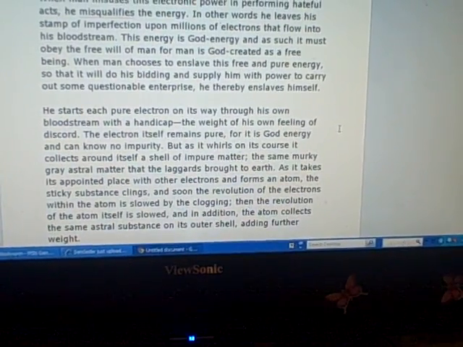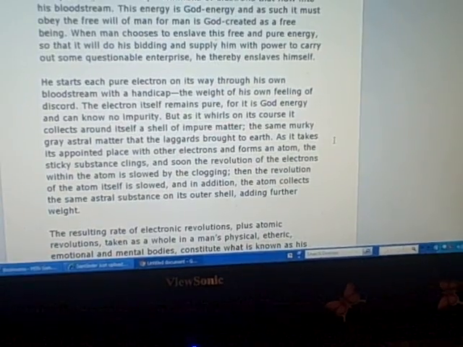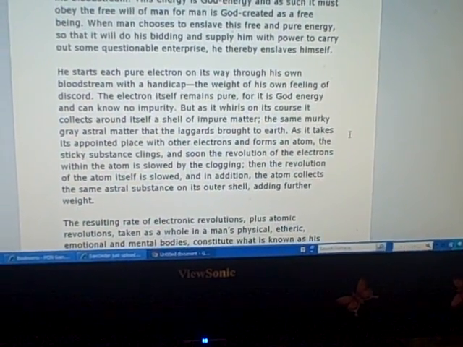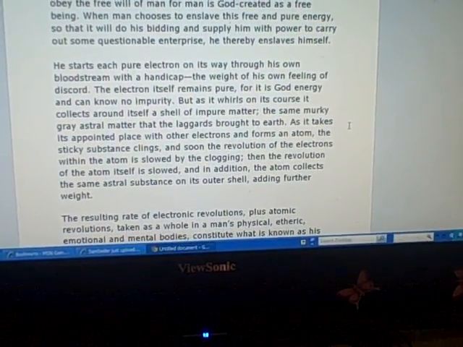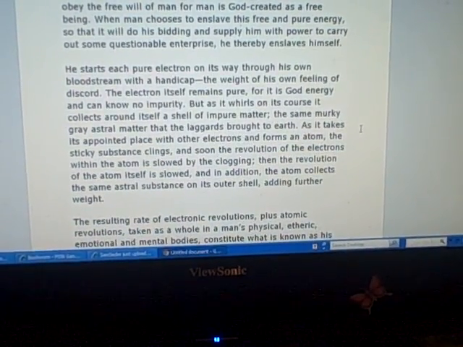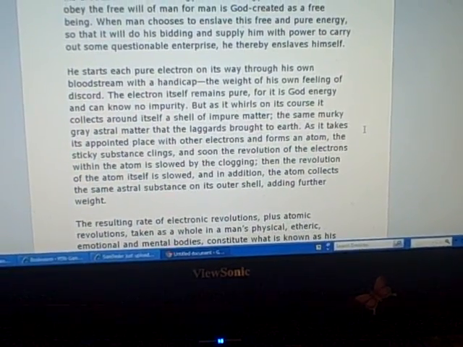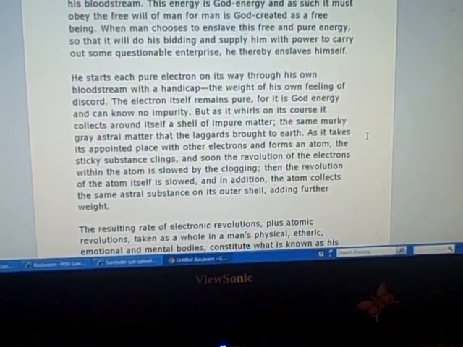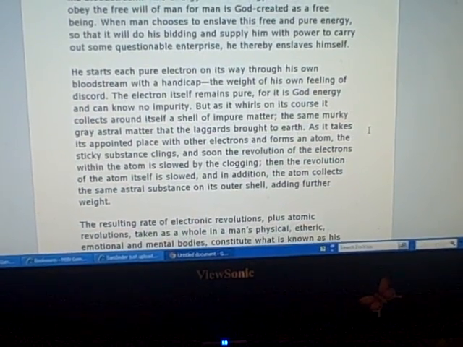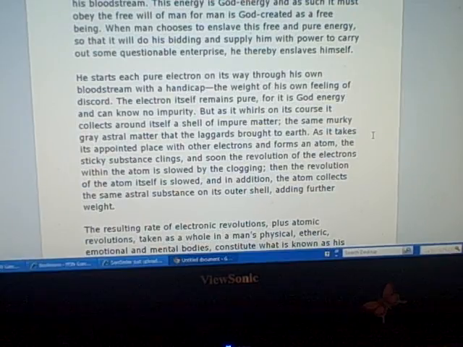He starts each pure electron on its way through his own bloodstream with a handicap, the weight of his own feeling of discord. The electron itself remains pure, for it is God energy and can know no impurity. But as it whirls on its course, it collects around itself a shell of impure matter, the same murky gray astral matter that the laggards brought to earth.